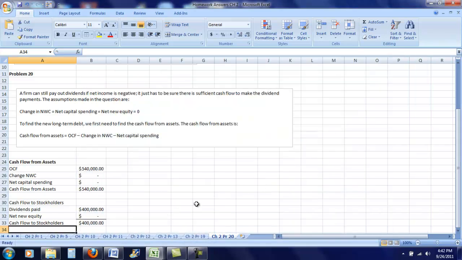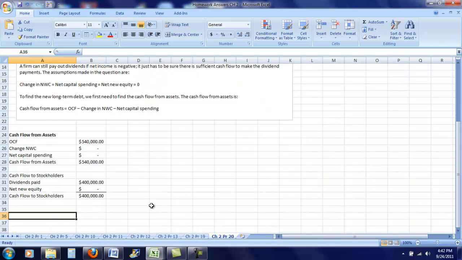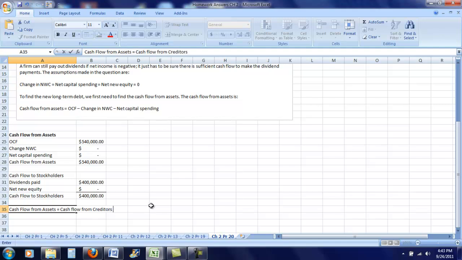Now, we know that cash flow from assets equals cash flow from creditors plus cash flow to stockholders.